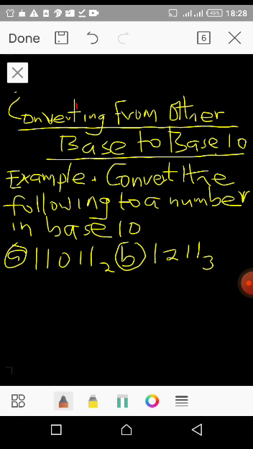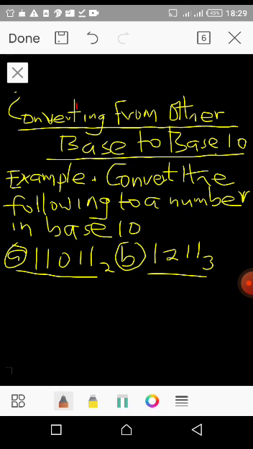If you want to enter instructions into the computer, you have to convert the human language into machine language. I just use that as an illustration. So there is always a need for you to know how to convert from other bases to base 10, and from base 10 to other bases.